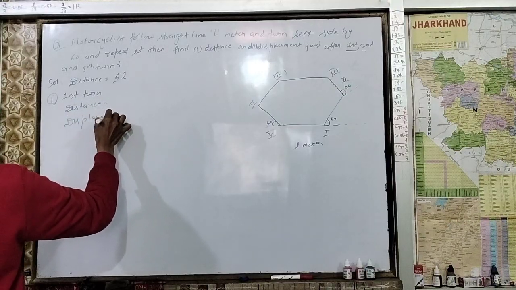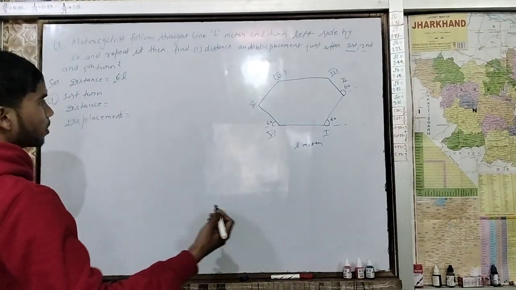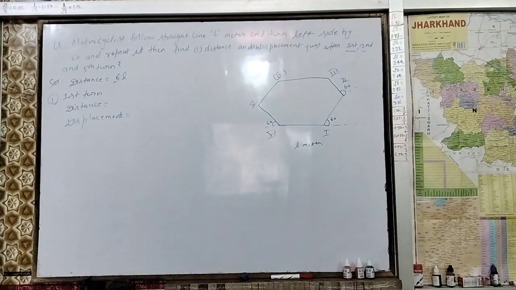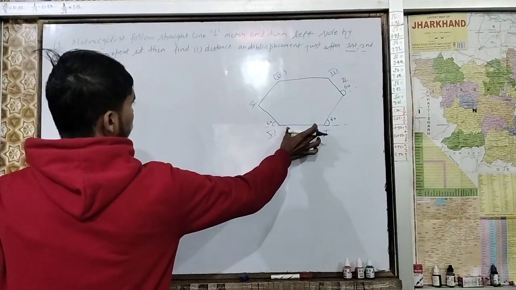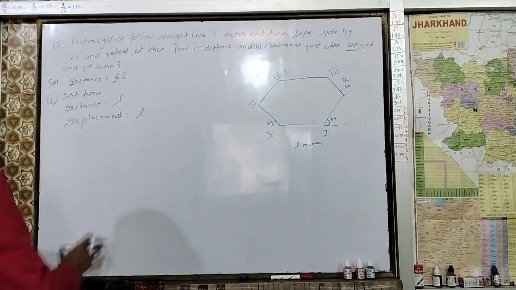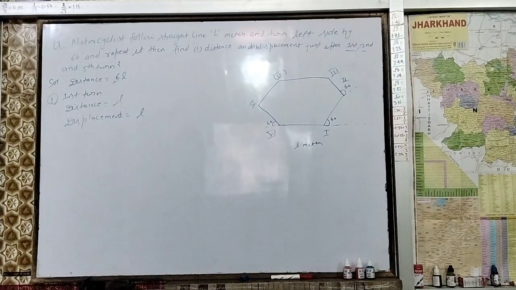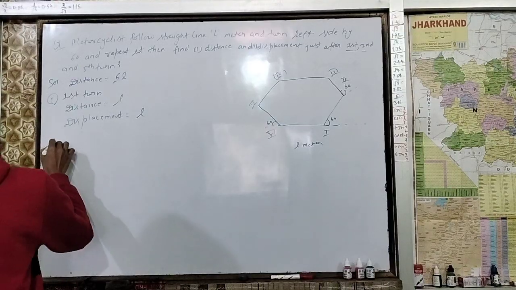At first, the distance will be L, only this, and this is a straight L. From here we can say that distance is equal to displacement. It is a fact.